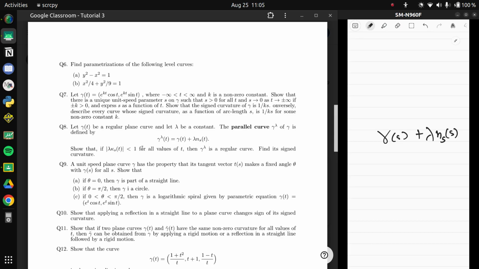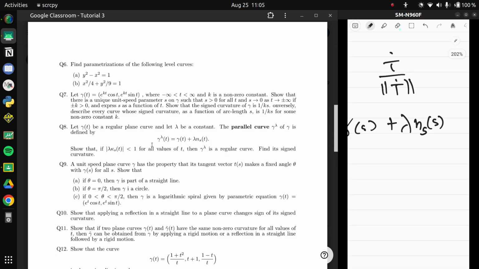This actually simplifies a lot of things, because now n sub s is just t dot upon magnitude of t dot. But what's t dot? It's just the same thing as gamma dot, right? So then this boils down to something like gamma dot s upon the magnitude of gamma dot s. But what is the magnitude of gamma dot s?